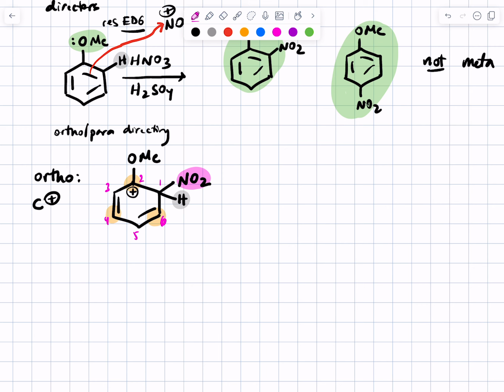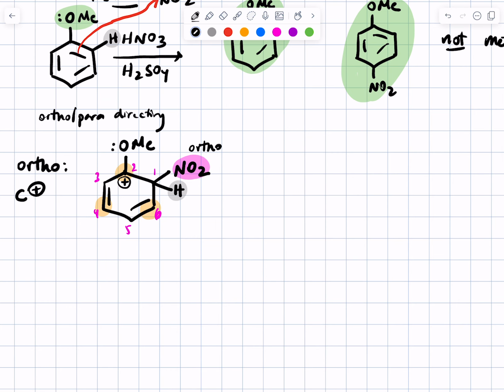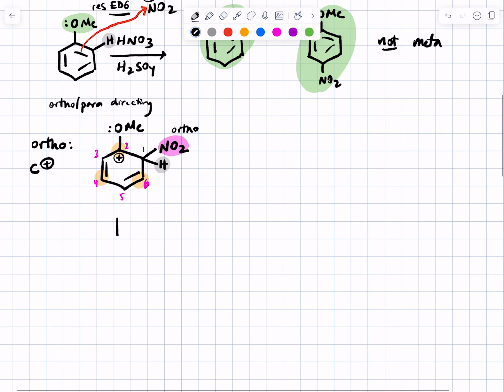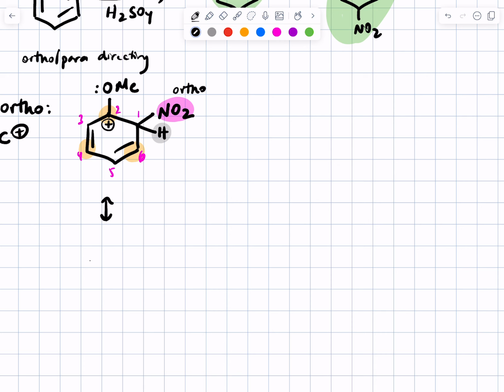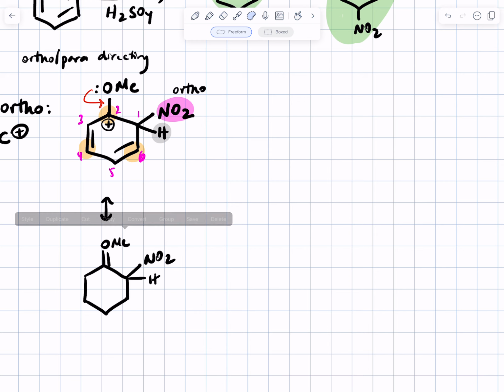Notice, though, that when we put the nitrogen at this position ortho to the methoxy group, and we know that methoxy group is a resonance electron donor, we have this additional resonance structure available to us. That is, lone pair electrons on the methoxy oxygen can donate into and form a pi bond, thereby stabilizing the positive charge on carbon 2 and delocalizing it out onto the oxygen.